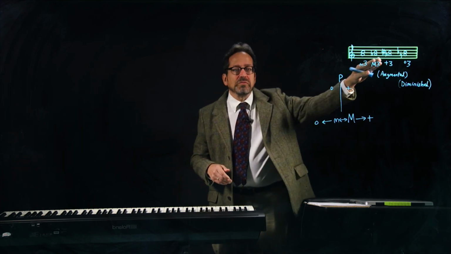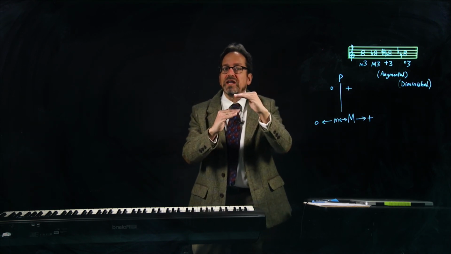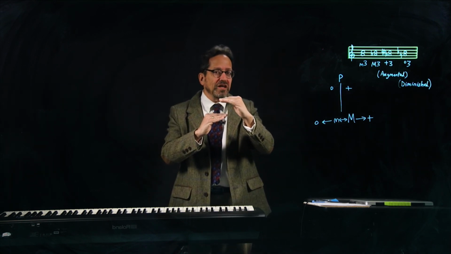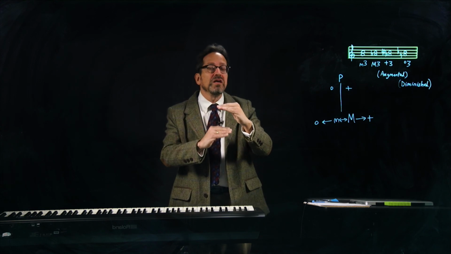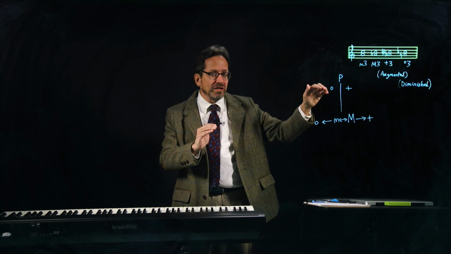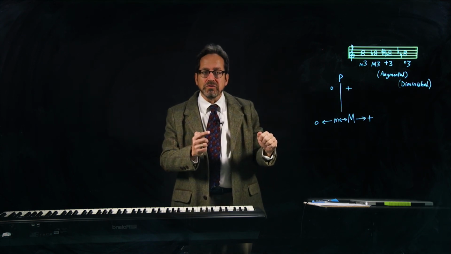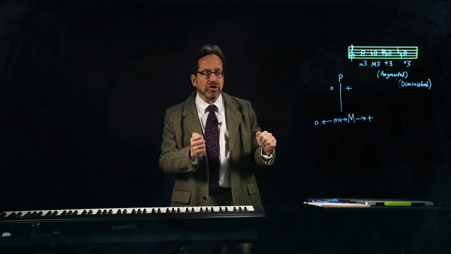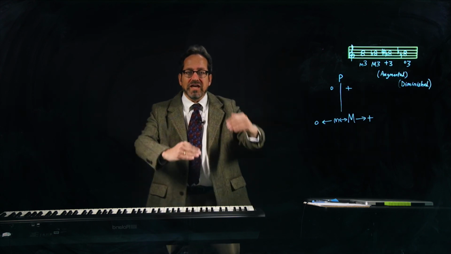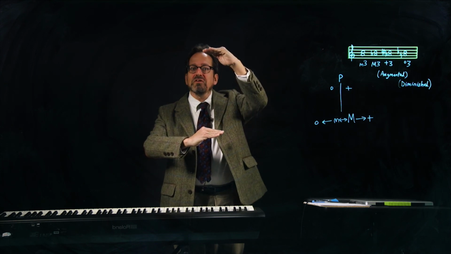And as these examples with the thirds show, we're not actually changing where the note heads are located on the staff. We're not changing the letter names that are involved. These are all still thirds, but the quality of the third is changed by altering one or both of those notes chromatically with sharps or flats, so that you can have a minor third, a major third, an augmented third.